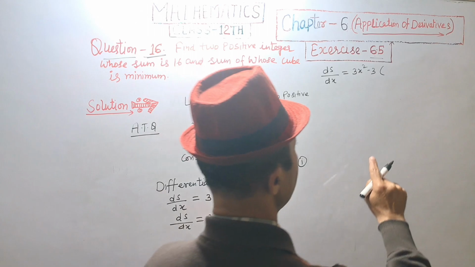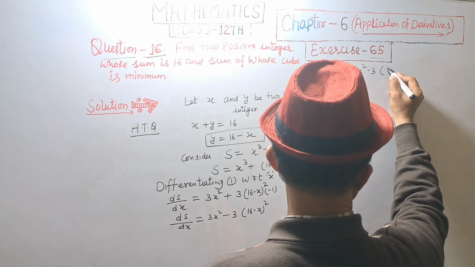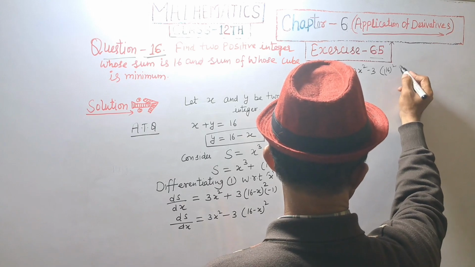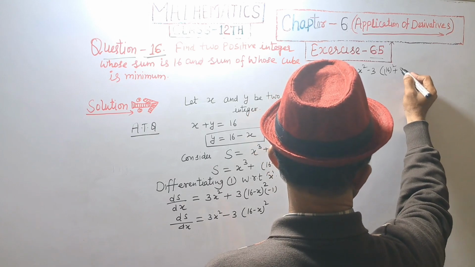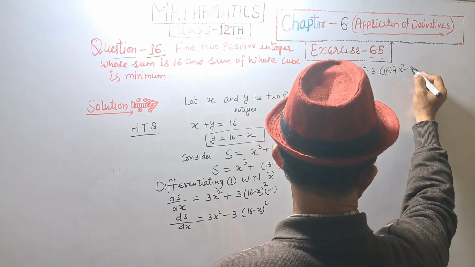We know that a minus b raised to power 2 is equal to a square plus b square minus 2ab.